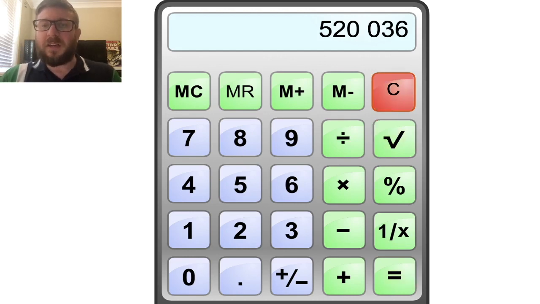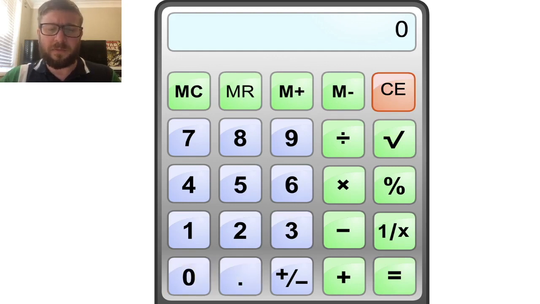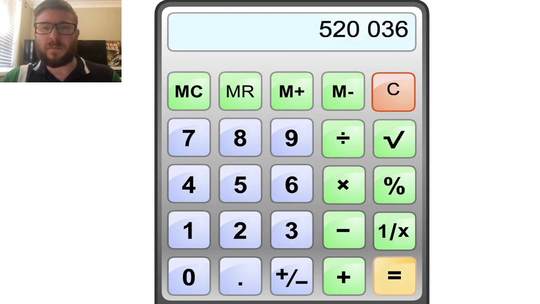Now, let's clear our calculator and let's try again to make sure that we've got the right number. And that's the same number, 520,036. So using our calculator, girls and boys, we need to make sure that we always clear our calculator.